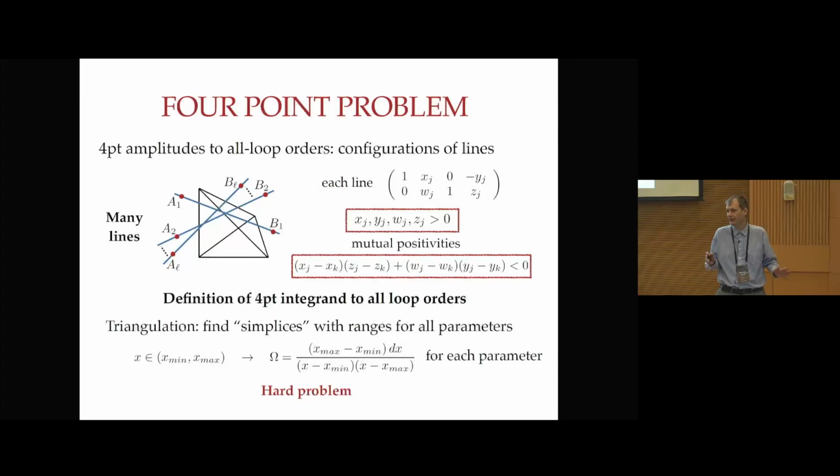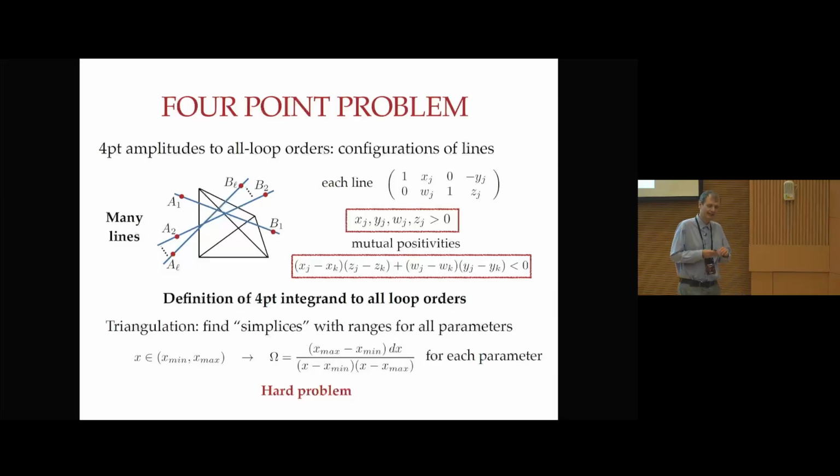If it was just this, it would be a very simple 4L dimensional space. This would be like one loop to the L. But we now specify some mutual positivity conditions or negativity conditions between these parameters. So there are quadratic conditions between the different sets of parameters for different loops.